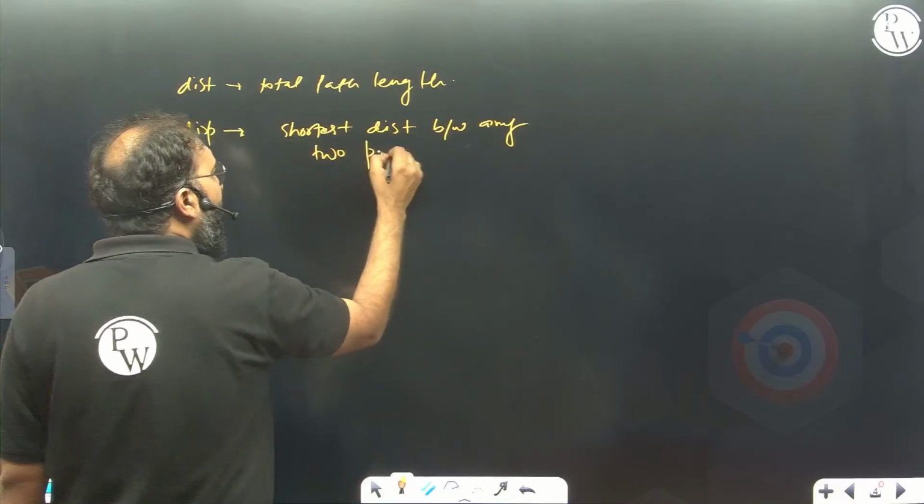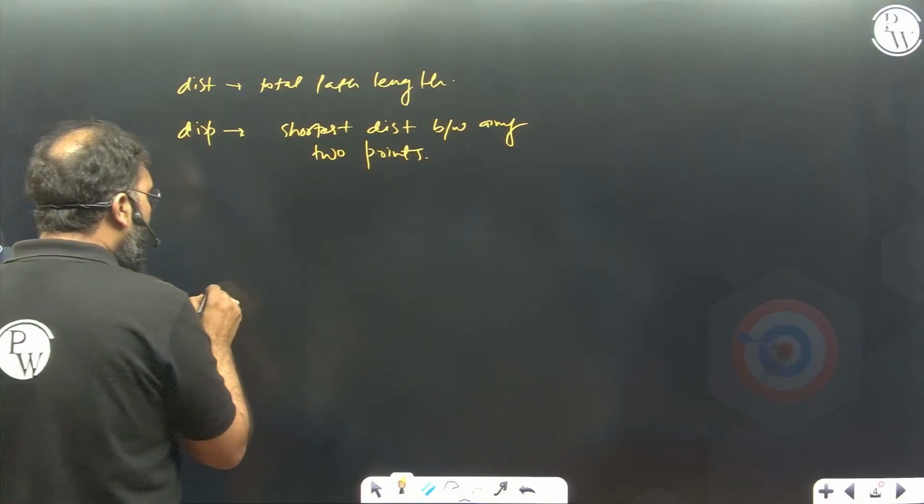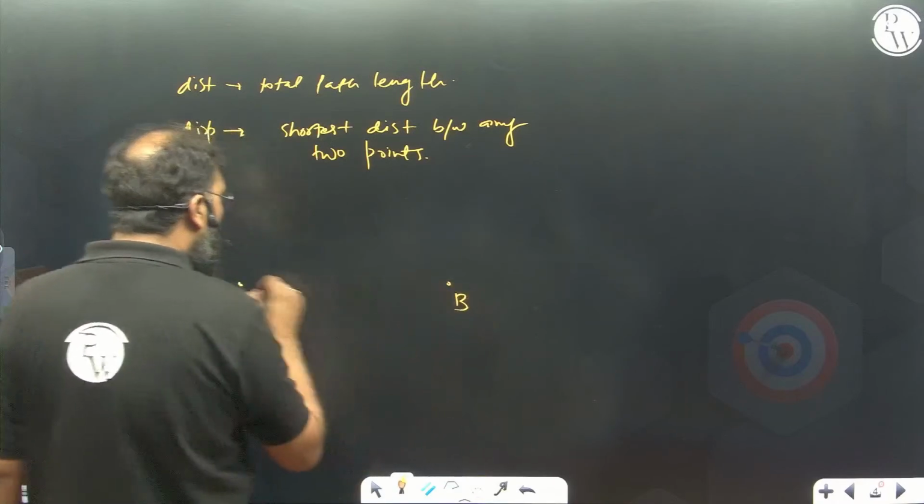Let's understand it very quickly. Let's say the particle starts from point A and goes to point B like this.